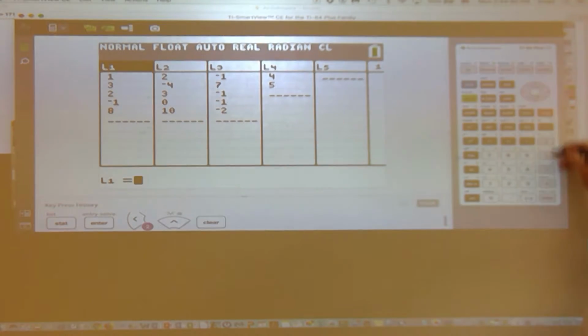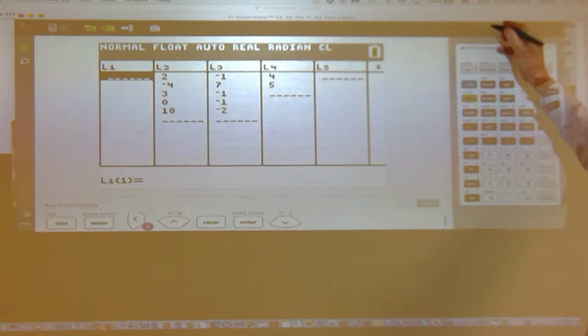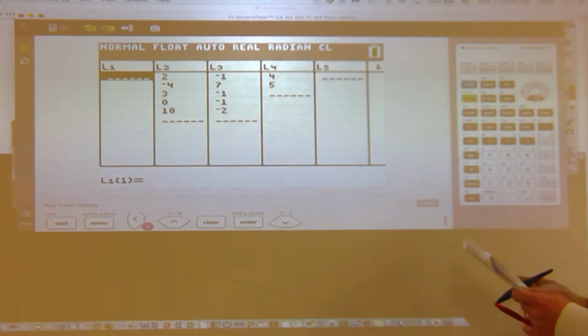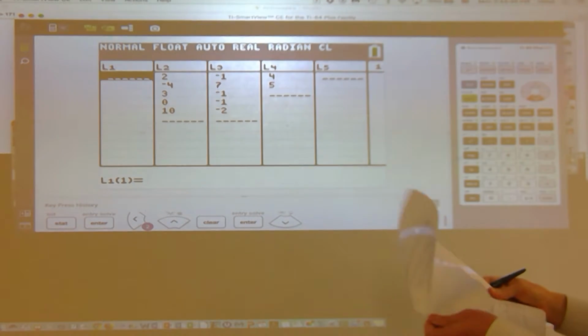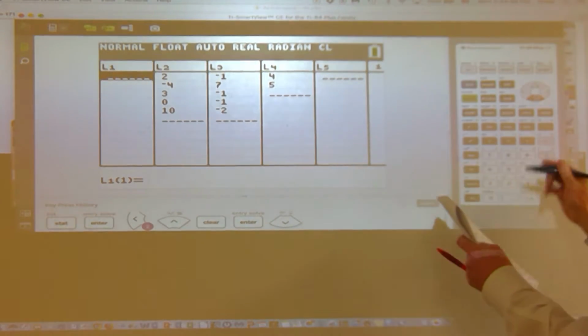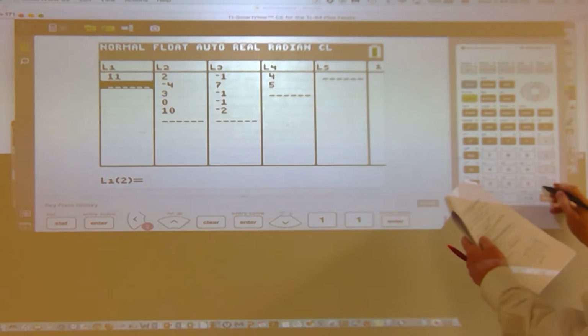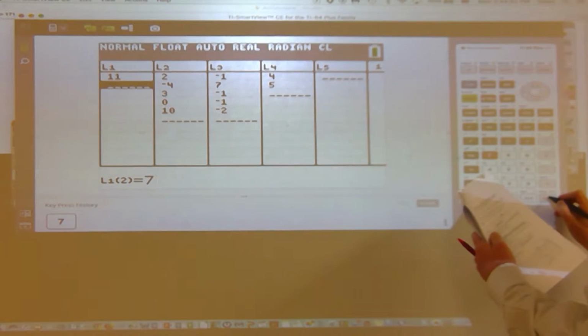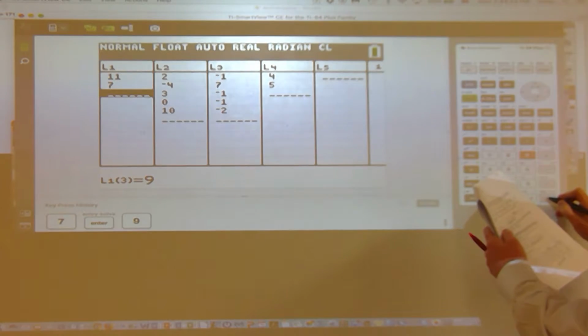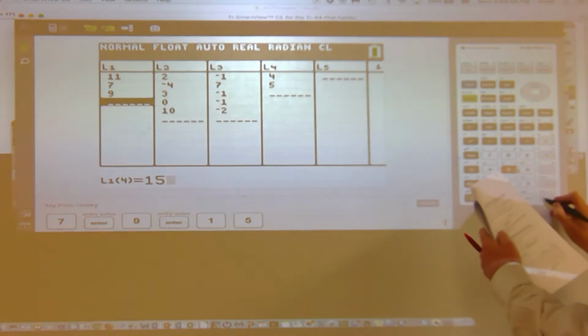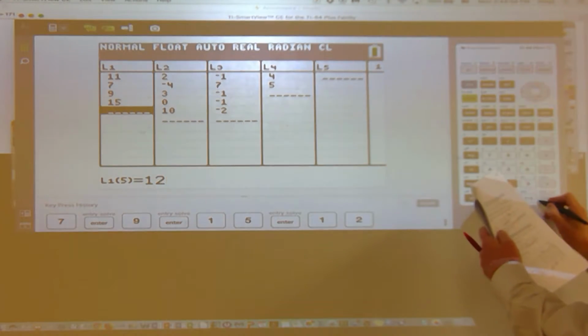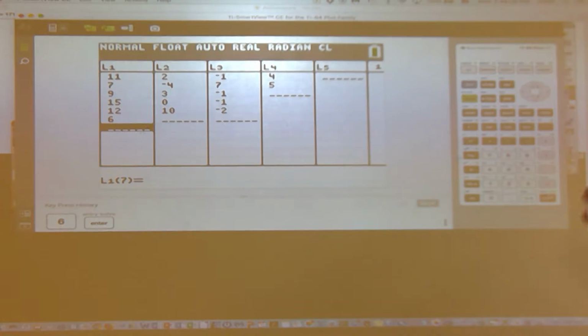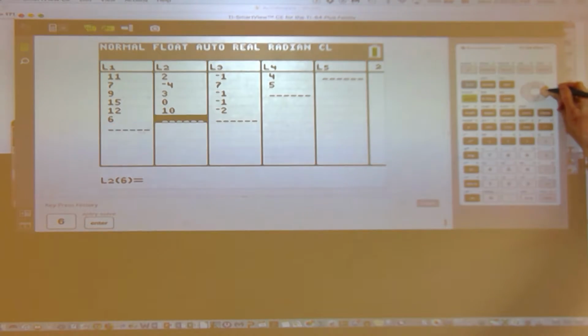I'm going to clear out list 1. I'd like you to do the same. Put the observed values into list 1 like this. Let's go 11, enter, 7, enter, 9, 15, 12, and 6. Those are the observed values.